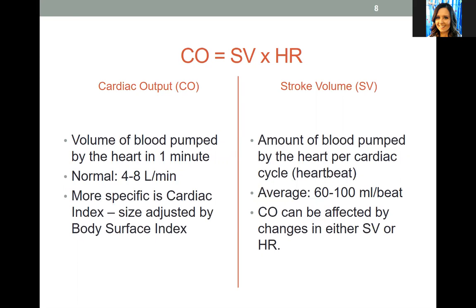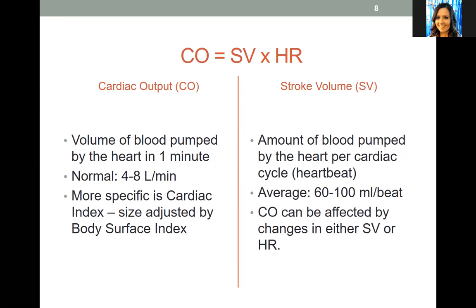There is another measurement called cardiac index, and it's basically the cardiac output, and it involves the body surface area of the patient. So it actually takes the size of the patient into account. Stroke volume, we've kind of talked about, but to put a formal definition, it is the amount of blood ejected by the left ventricle with each contraction.